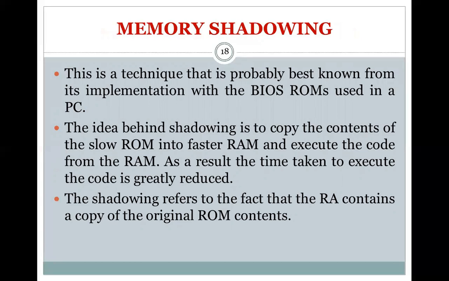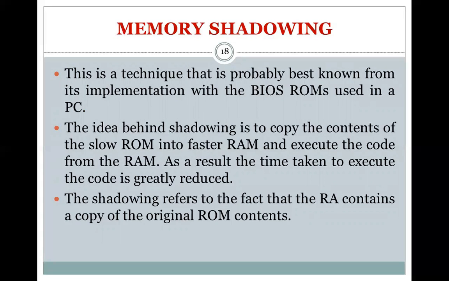The main drawback in terms of memory is memory shadowing. It takes a little time to boot up from the data taken from ROM. This is a technique that is probably best known from its implementation with the BIOS ROM used in a PC.